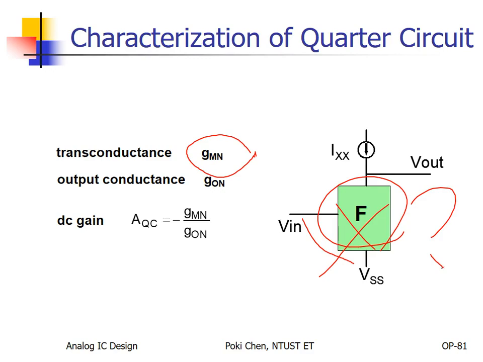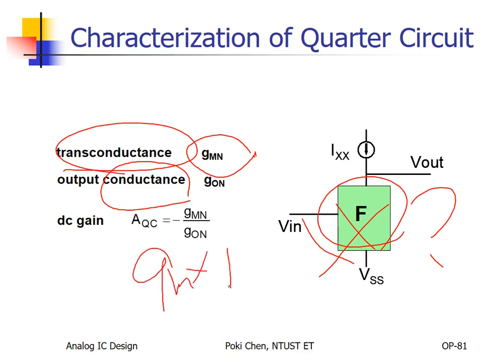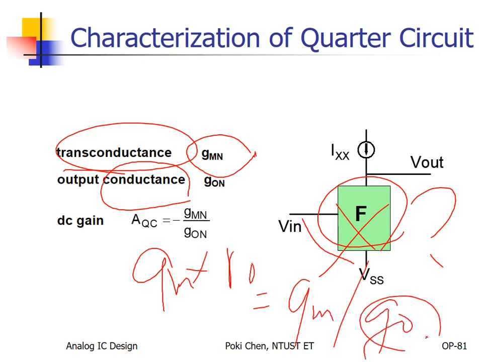You only need to know the transconductance, and then the output conductance or the output resistance. Then what is your output voltage, or what is the voltage gain? Again, Gm times Ro, or Gm divided by Go, the output conductance. That's it. Your design, your logical thinking will be much, much simplified.